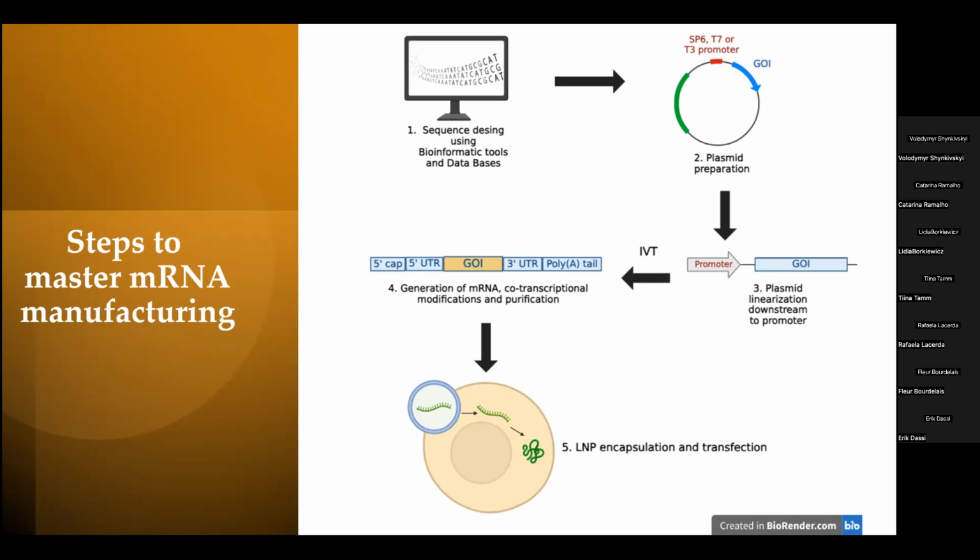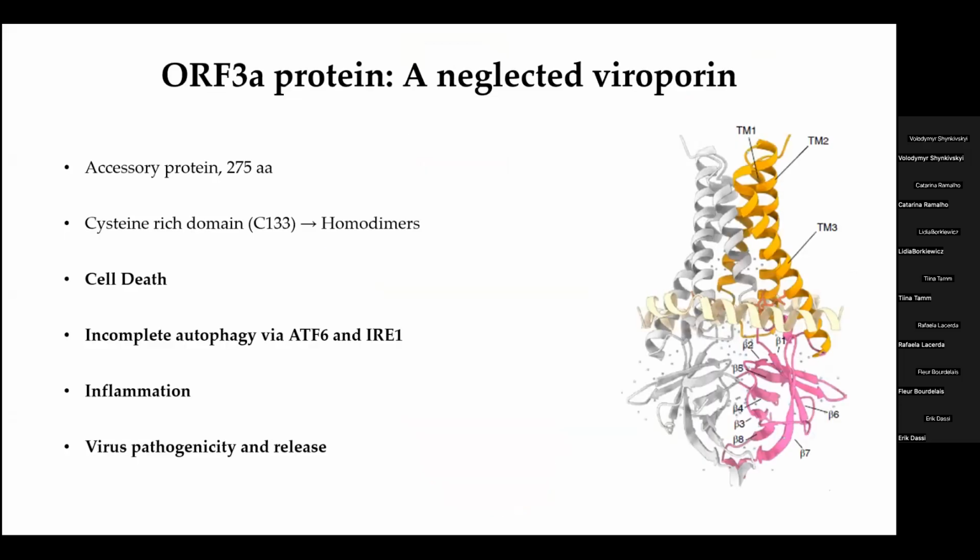So in this project, we examined the ORF3A protein of SARS-CoV-2, a viroporin that forms homodimers inside the cells, and it really is an important protein for viral pathogenicity and release, as well as for many signaling pathways, such as apoptosis, inflammatory response, and autophagy.